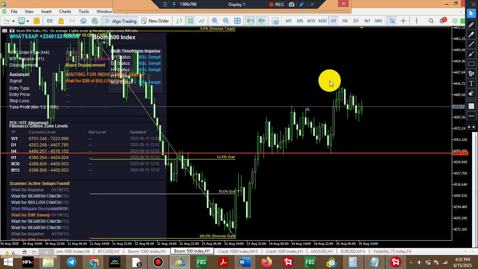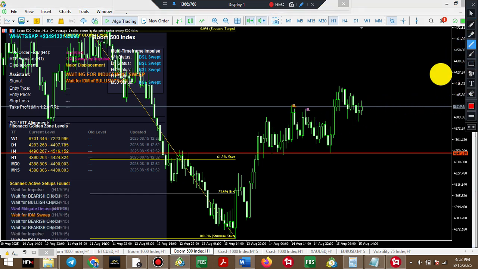So price got to this point, it broke structure again. If you are observing very well, it has broken major structure here, and then it has created another opportunity. It has created another bullish order block or demand zone like we have here.